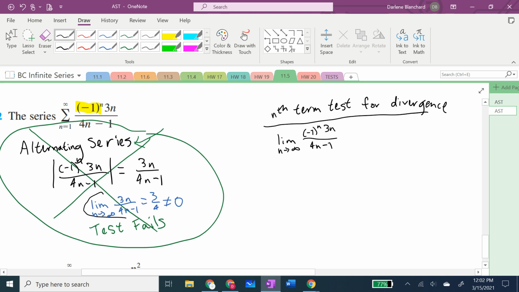Now, unfortunately, that makes it difficult to say the answer to the limit, because the answer to the limit is alternating, or you might say oscillating, between 3/4 and negative 3/4.